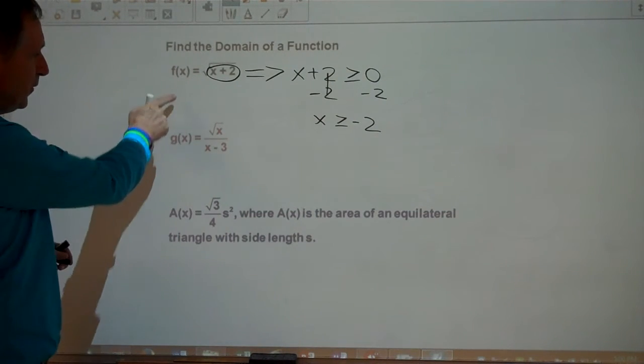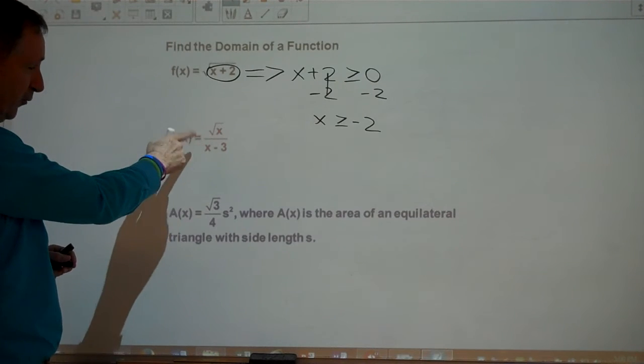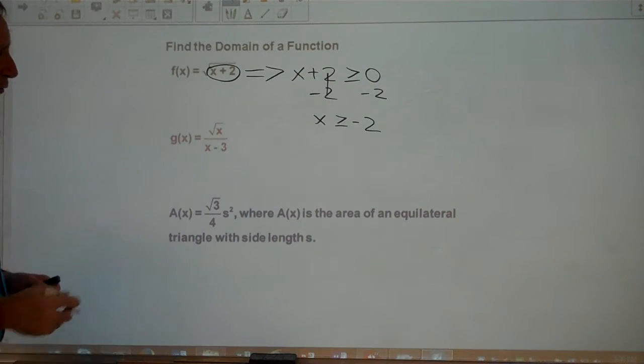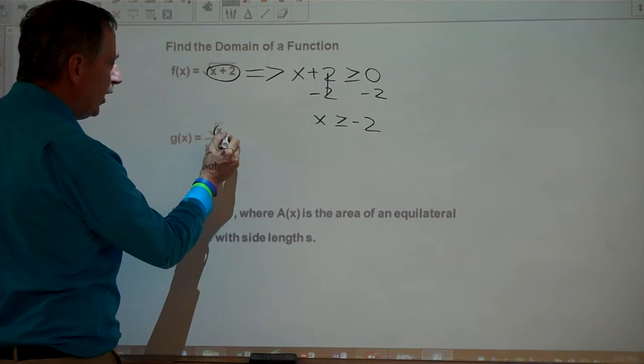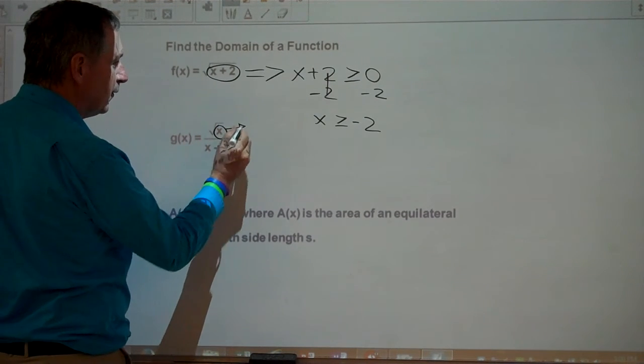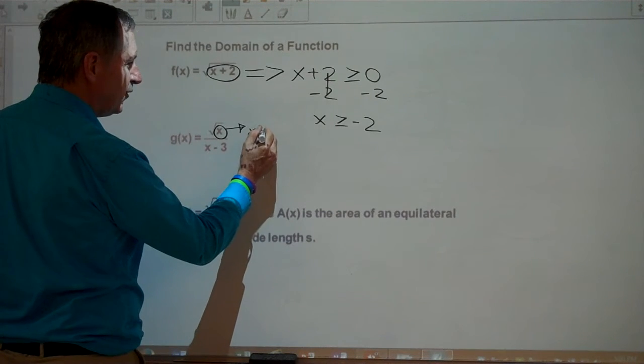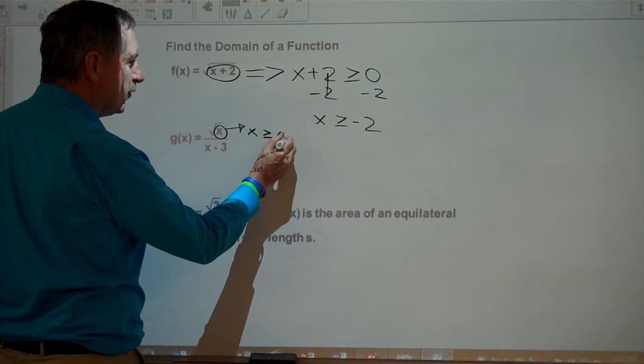Now, for this next function here, g of x, you have two situations going on simultaneously. One is that you have in the numerator this square root of x, and x has to be greater than or equal to 0.